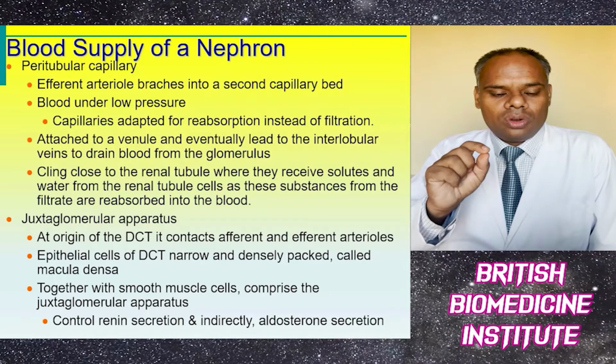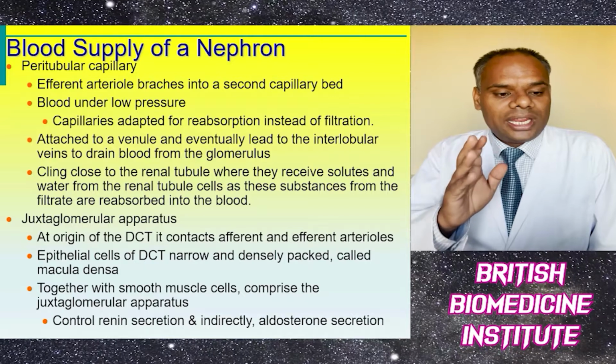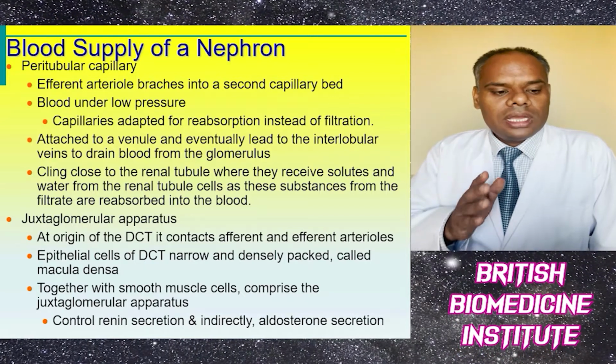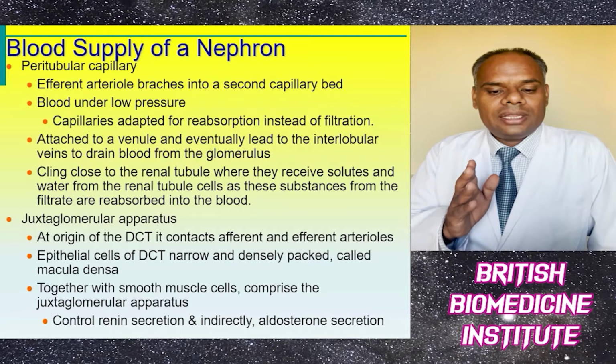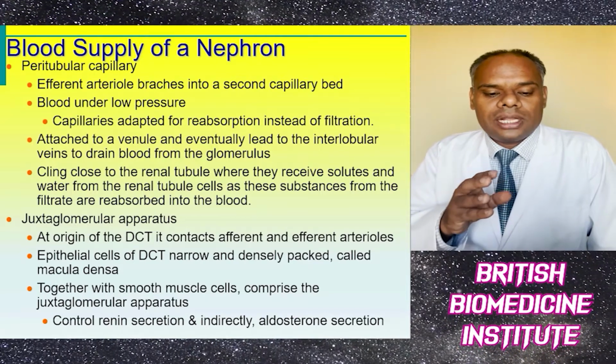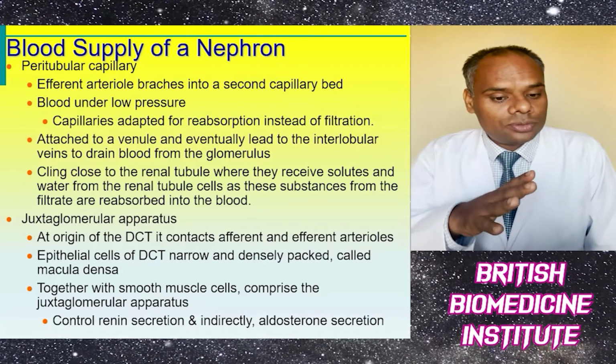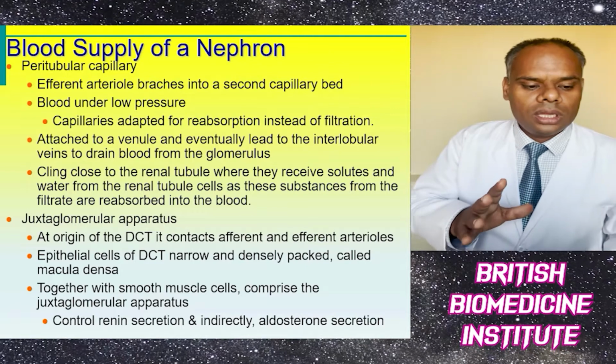It is attached to a venule and eventually leads to intralobular veins to drain blood from the glomerulus. They cling closely to renal tubules, where they receive solutes and water from renal tubule cells, as these substances from the filtrate are reabsorbed into the blood.